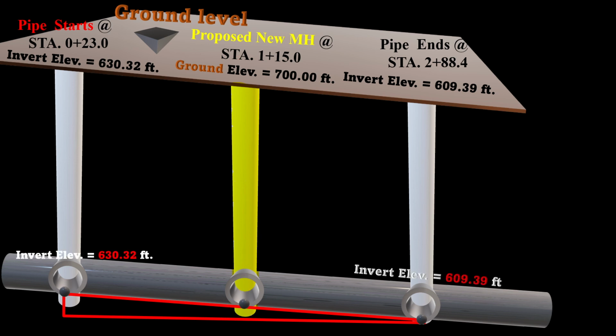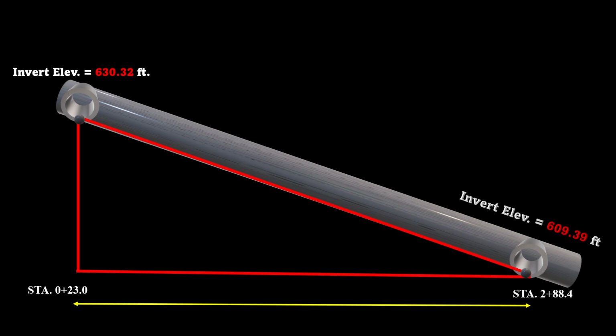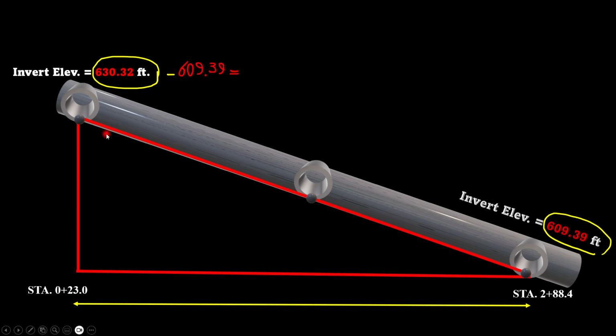We have the invert elevation and the station for the two existing ones. Let's make it more pronounced. The invert elevation for this one is 630.32 feet. If we subtract the other existing manhole, which is 609.39, we get the height difference between the two existing manholes, that's 20.93 feet.